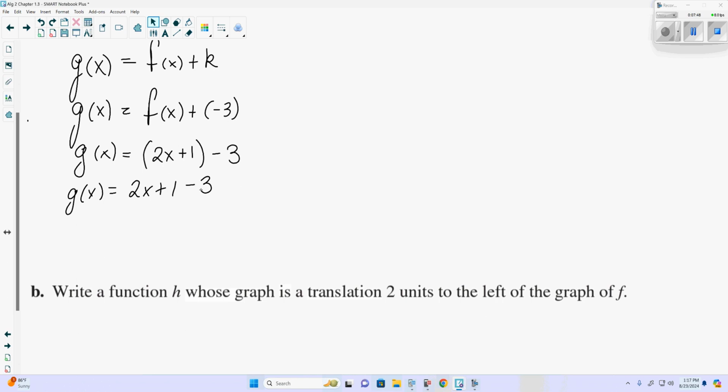There's no number or sign that we have to distribute through, so it just stays 2x plus 1. And lastly, what are our like terms? 1 and negative 3. What's 1 minus 3? Negative 2. So g of x for us, our new function, is 2x minus 2.